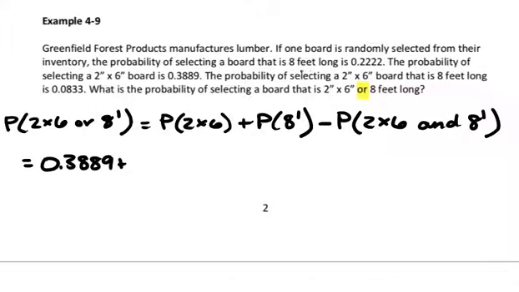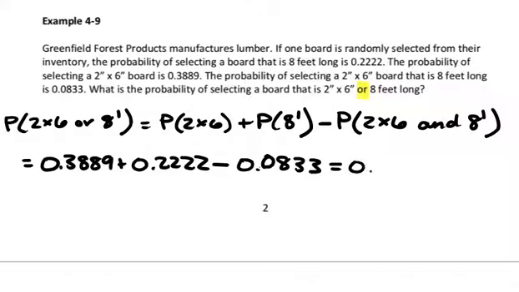Probability of being 8 foot long, 0.2222. And then minus the probability of 2x6 and 8 foot. The probability of selecting a 2x6 board that is 8 foot long, that's the "and" part, it's 2x6 and 8 foot, is 0.0833. And if I do that math on my calculator, I get 0.5278. So that's the probability of selecting a board that is 2x6 or 8 feet long, or it could be both.